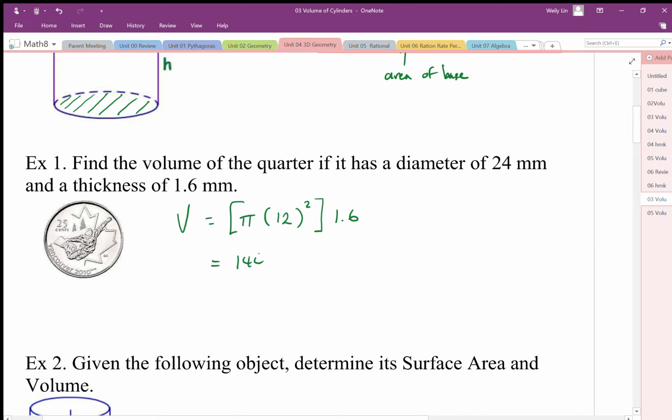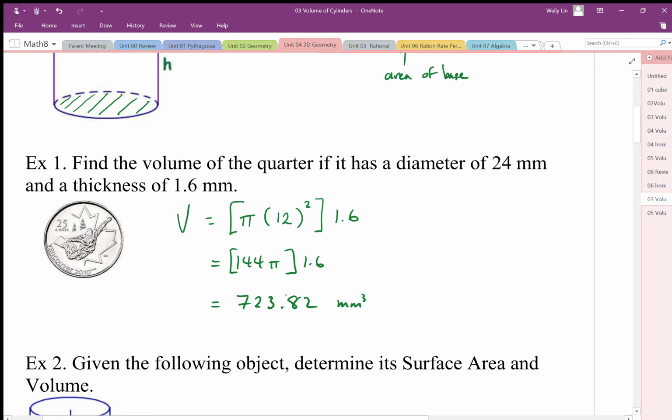So we end up with 144 pi as the area of the base, and then times that by 1.6. So 144 times 1.6 is going to give us 230.4, and since there's a pi in there, we multiply that by pi, and we end up with 723.82 millimeters cubed.